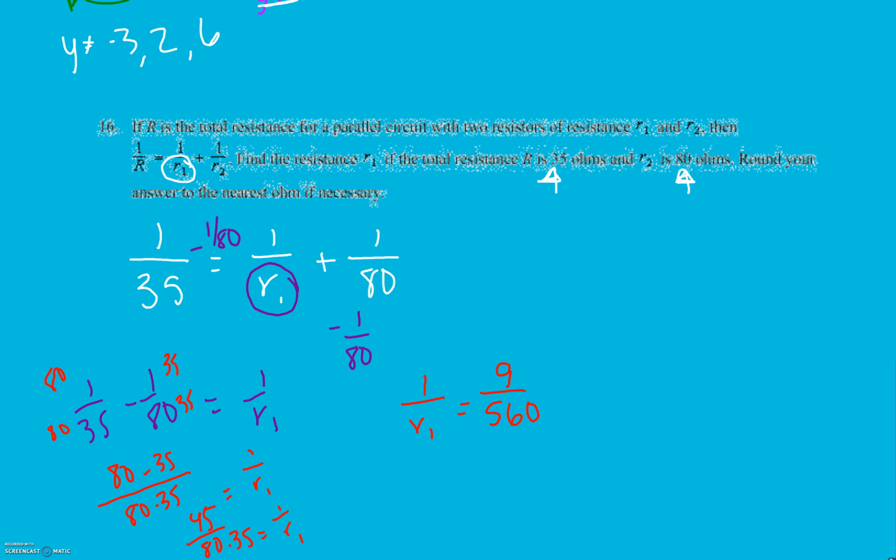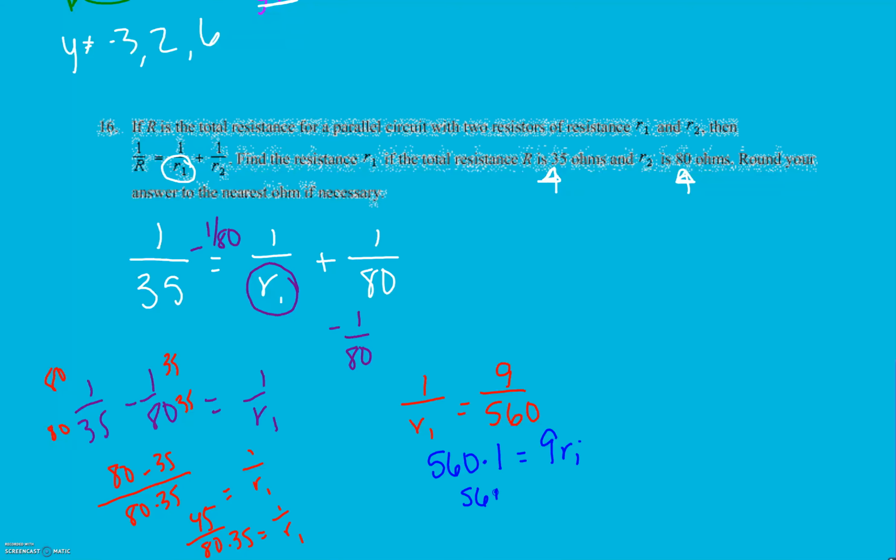Now, we can either clear our fractions or think about them as proportions and cross multiply. Either way, it's going to work the same. So I'm going to take 560 times 1 equals 9 times R1.